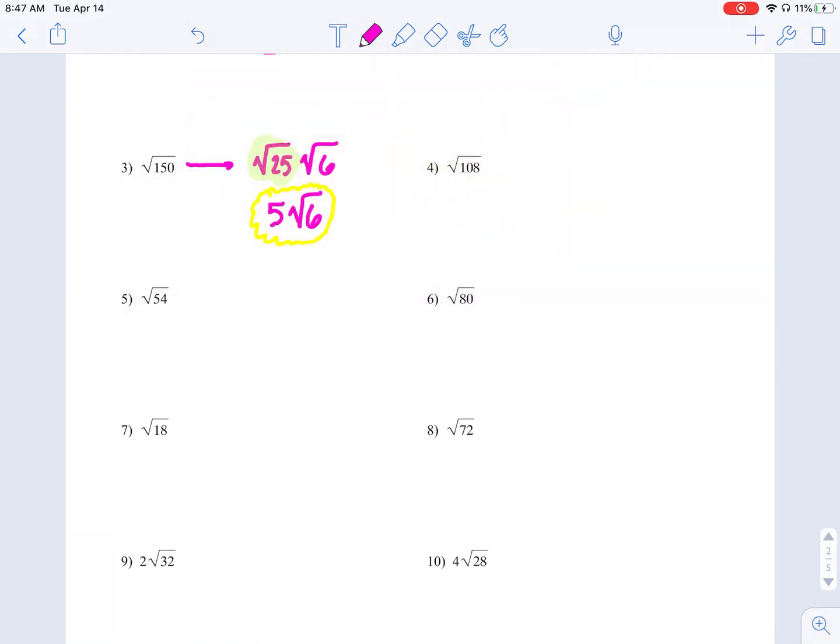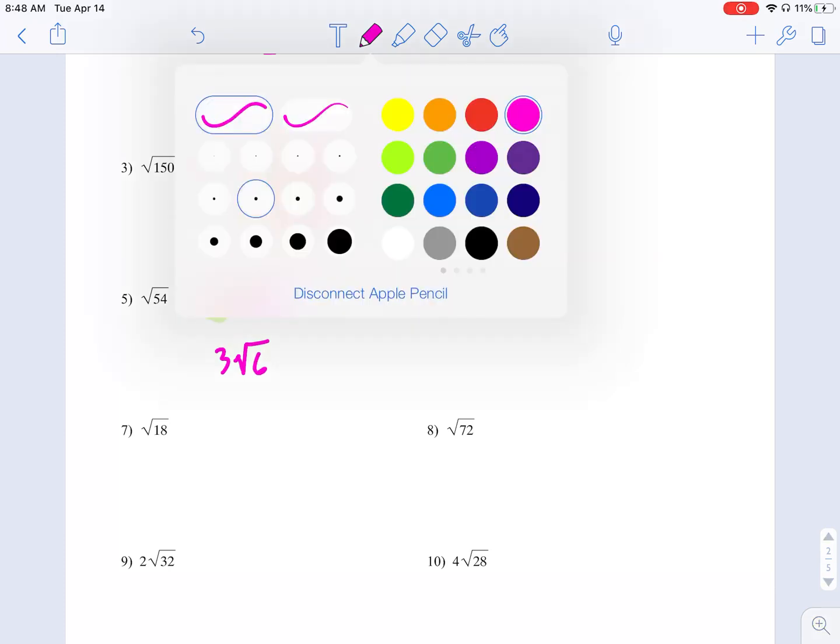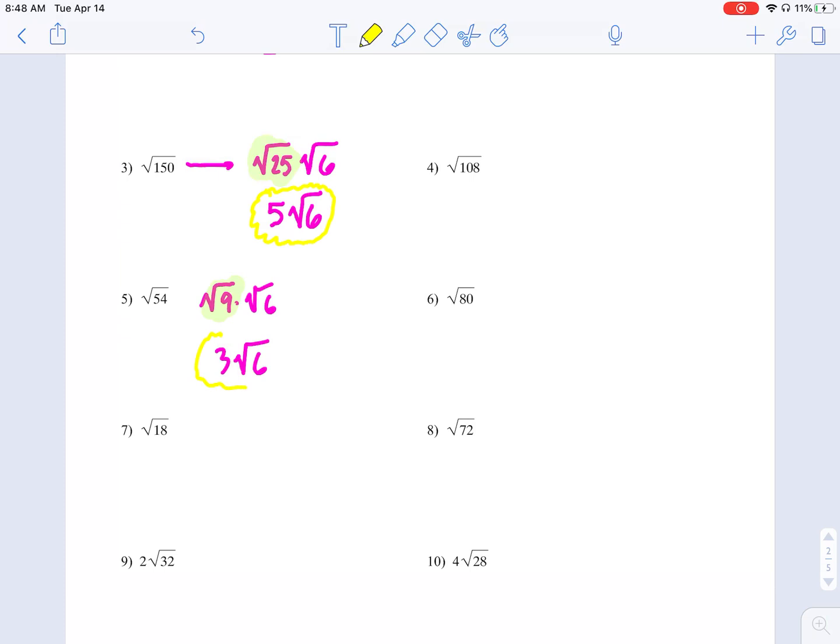So 9 times 6 is 54, so I can break that up into root 9 times root 6, which root 9, that's a perfect square, is the same as 3 root 6. And we know from before that root 6 is not a perfect square.